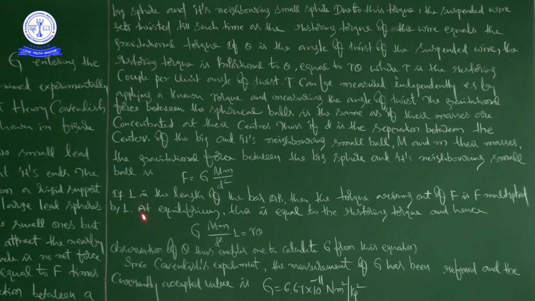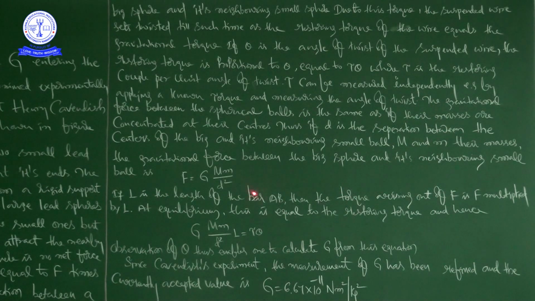Okay, right. If L is the length of the bar AB, then the torque arising out of F is F multiplied by L. At equilibrium, this is equal to the restoring torque, and hence G M m by d square into L is equal to tau theta. Now this is the torque due to the gravitational force, and this is the torque due to the restoring ability.